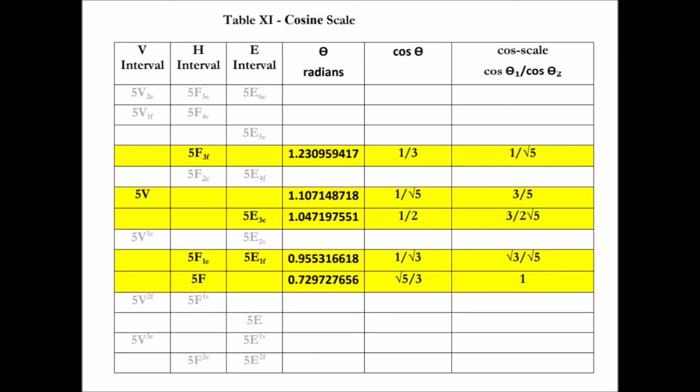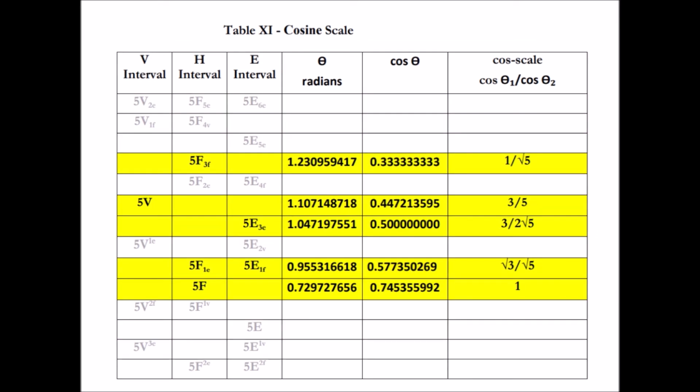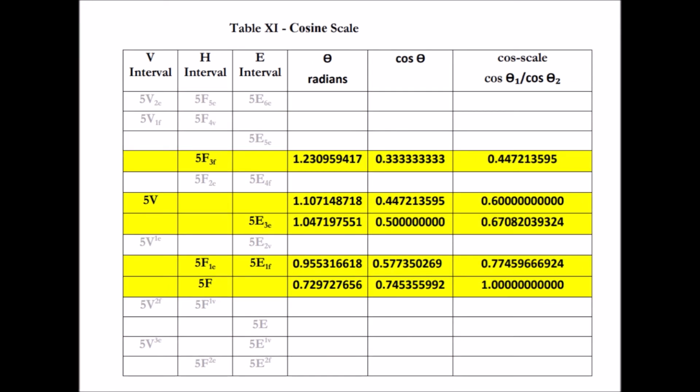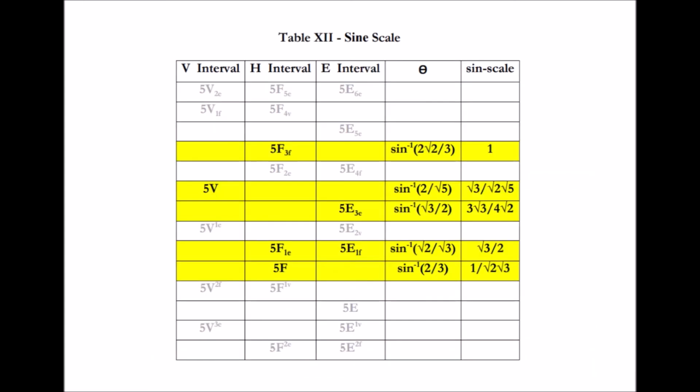But notice, as I replace these simple representations with the actual decimal numbers in each column, that the ratio becomes less and less obvious and harder to find from a visual perspective. Table 12 shows a similar complex ratio that is based on the sine scale, and in a similar fashion, the operand of the inverse sine function can be extracted, and its ratios can be seen in the sine scale column of Table 12.